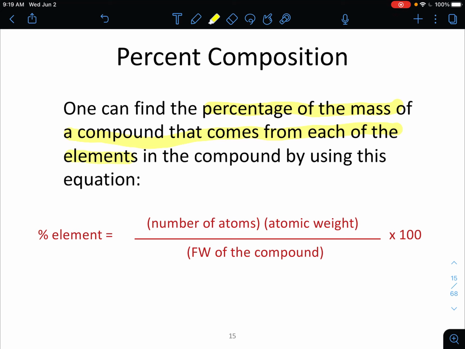So it may seem kind of strange or not really have any purpose to do this sort of calculation, but later on we're going to flip this around, and rather than calculating the percent by mass of each element from the formula, we're going to use the percent by mass from each element to figure out what the formula actually is. So it makes sense to me to figure out how to do this because later on we're going to do kind of the opposite of it.